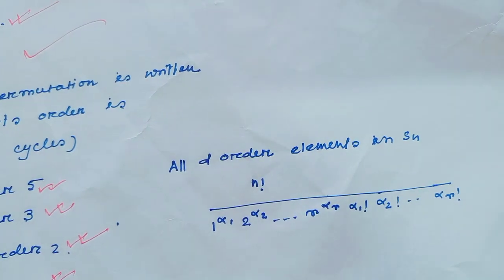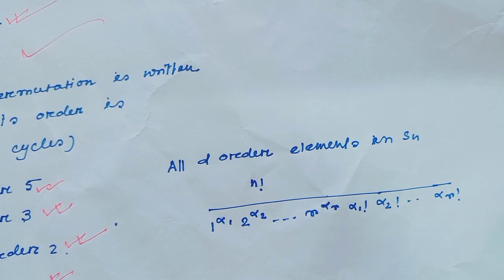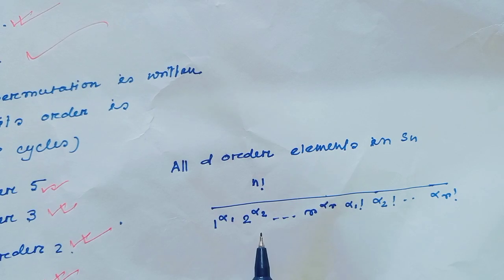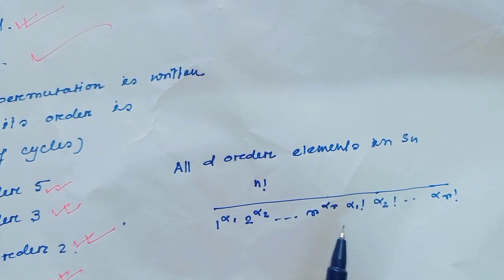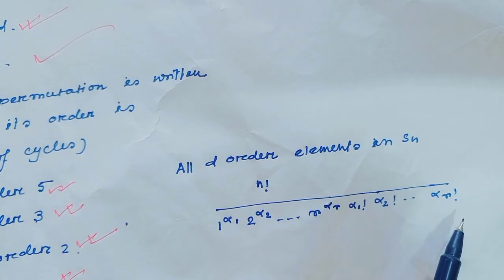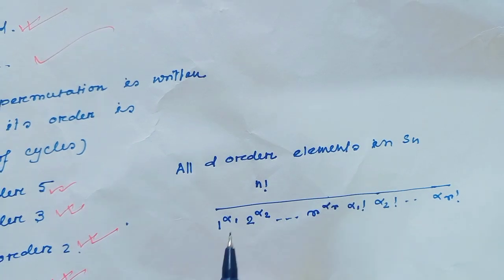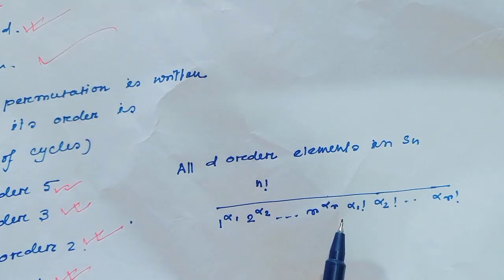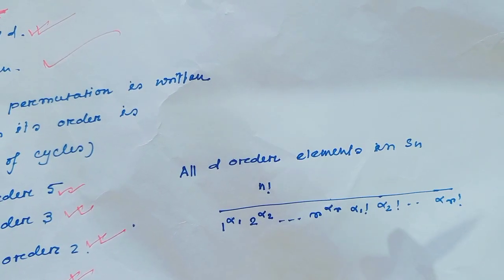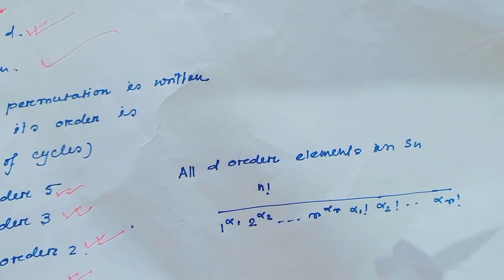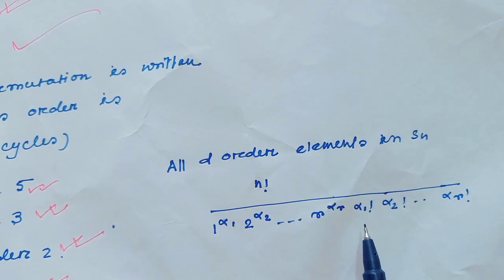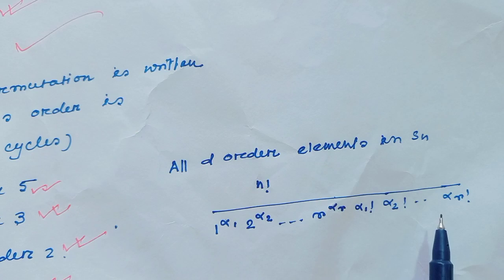The number of elements of a given cycle type in Sn is n factorial over 1 to the power alpha 1, 2 to the power alpha 2, up to r to the power alpha r, times alpha 1 factorial, alpha 2 factorial, up to alpha r factorial. Here alpha 1, alpha 2, up to alpha r are the numbers of cycles of each length; for example, the elements of order 2 contain 2 cycles.